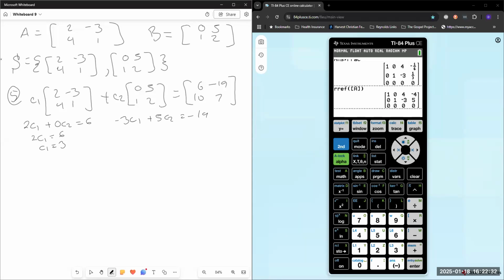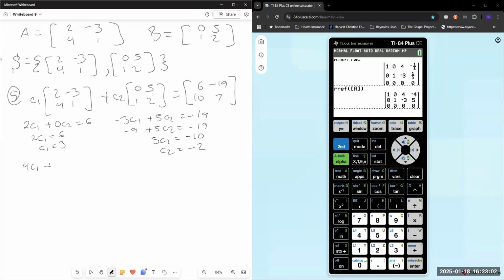I already know C1 is 3, so -9 plus 5C2 equals -19. So 5C2 is equal to -10, and C2 is equal to -2. Let's see if that works out the rest of the way through here.